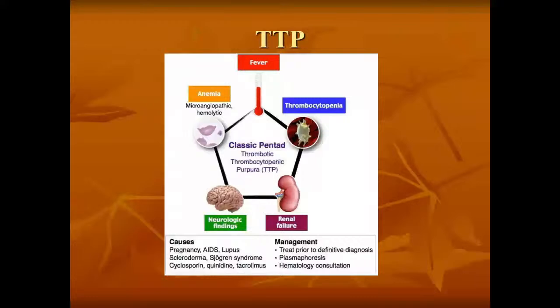So you get this triad that's related to HUS that kiddos get, where you get this microangiopathic hemolytic anemia because your cells aren't functioning right and they're getting lysed. So you get all this microvascular damage, and it starts to affect the kidneys, it starts to affect the brain, and you get renal failure, you get neurologic symptoms, and often fever.